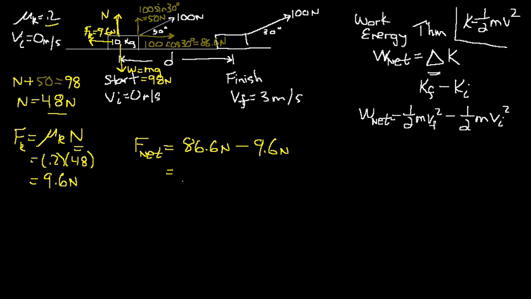So the total net force in this case is going to be, what did we calculate this out? I think we calculated 77 newtons. And I'm going to stop this video here, and we're going to pick this up in the next video because I think we're running out of time.